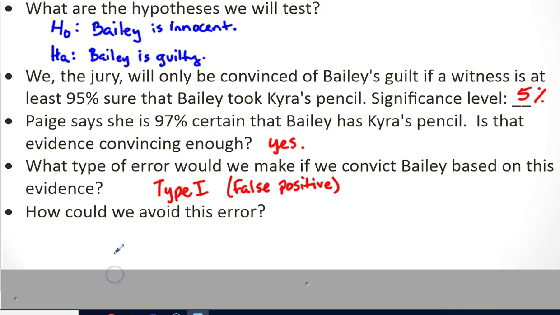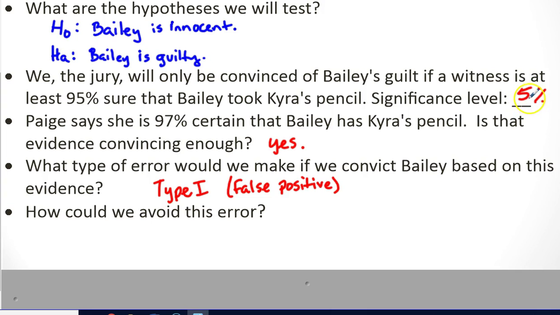How could we have avoided this error? Well, we had required a witness that was 95% sure. Well, I suppose if we had been a little more choosy, right? If we had said we need a higher level of certainty, in other words, lower this significance level so that it wasn't so much room for error, from 5%, we could have made it like a 1%.